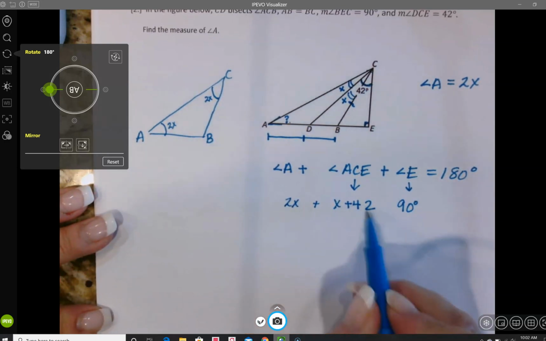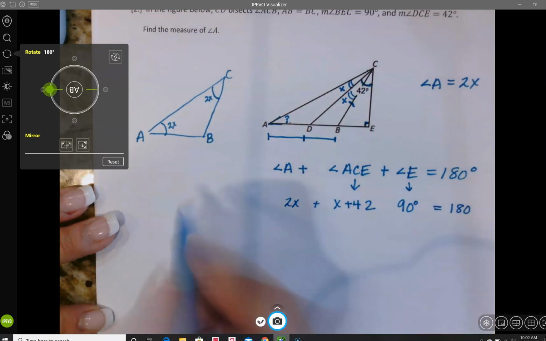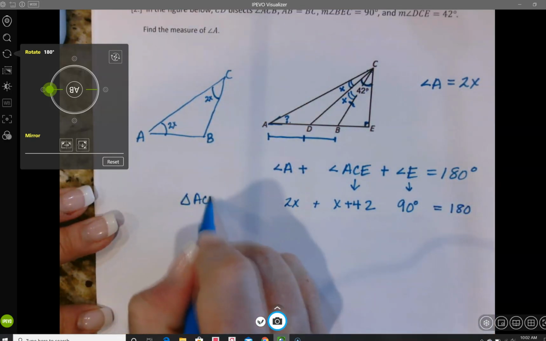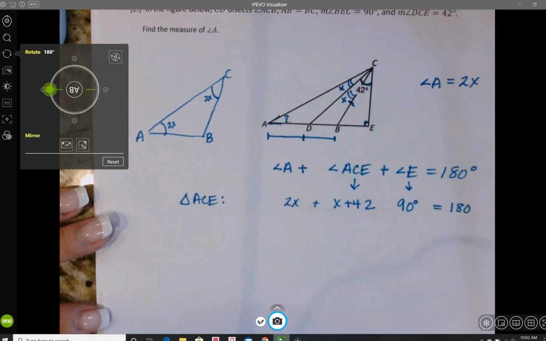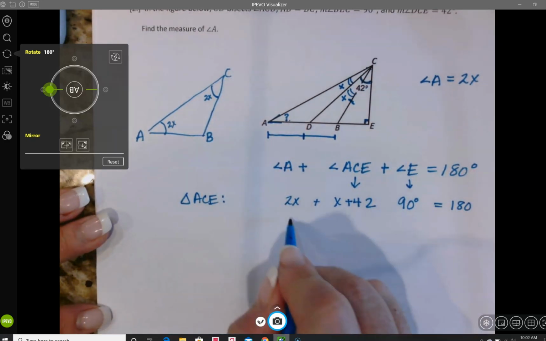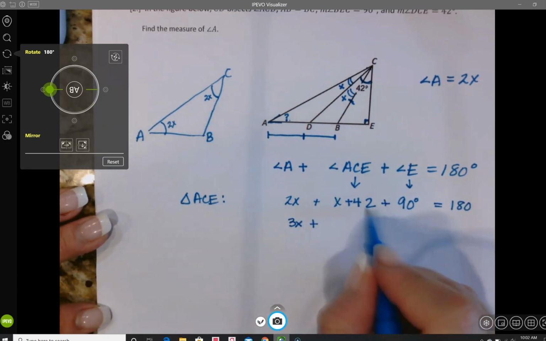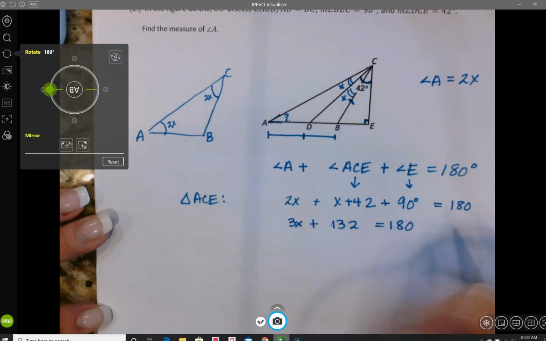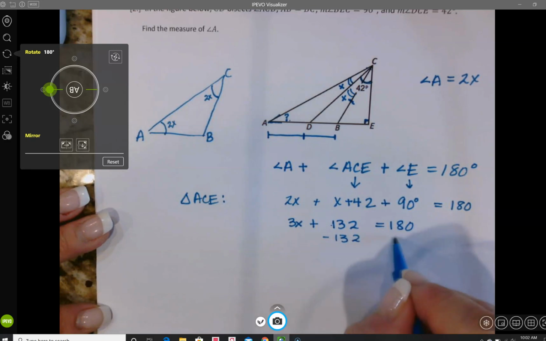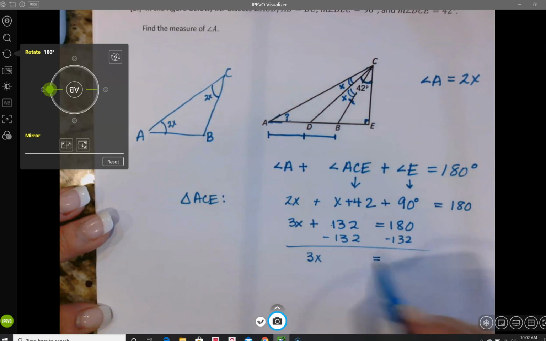So I've substituted for each of the angles in my big triangle ACE, and now I have an equation that is true, and I know how to solve it. I solve it by combining like terms. 2x plus x plus 42 plus 90, that's 132, equals 180. Then I'm just using my equation solving to get my x value.